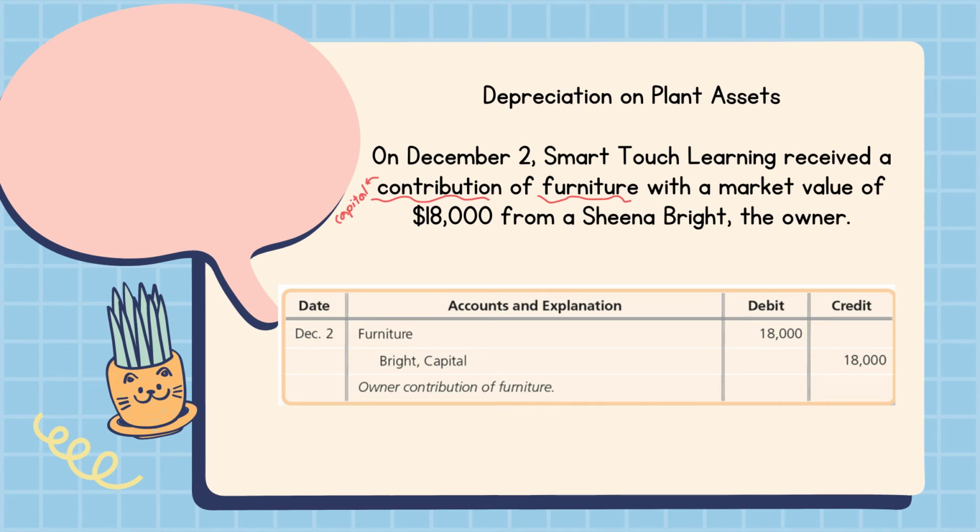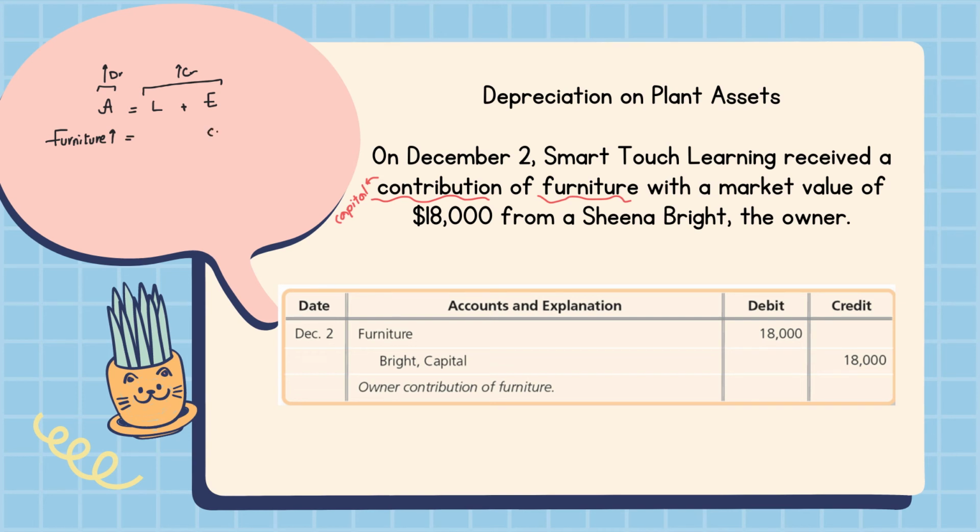So the accounting equation is assets equals liabilities plus equity. Assets increase in the debit, while liabilities and equity increase in the credit side. So she contributed furniture. Furniture is under assets, so furniture will go up.